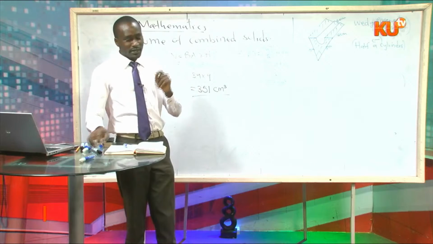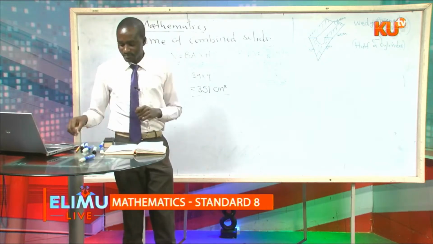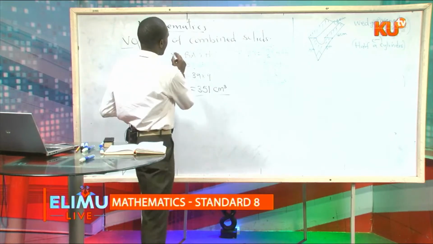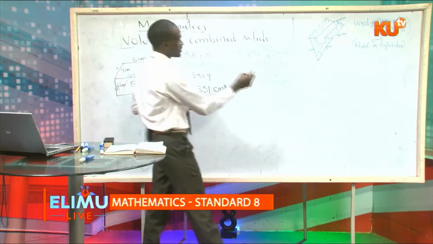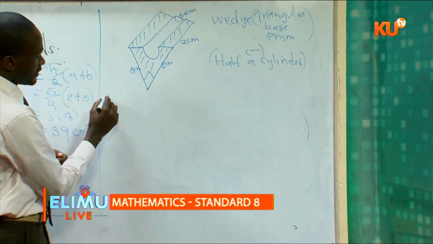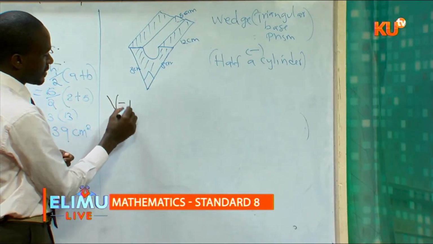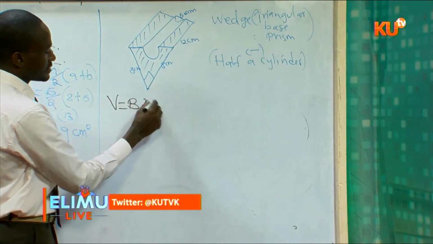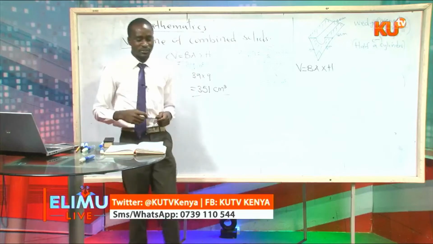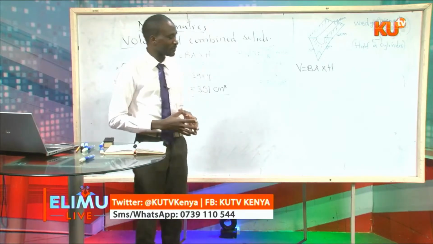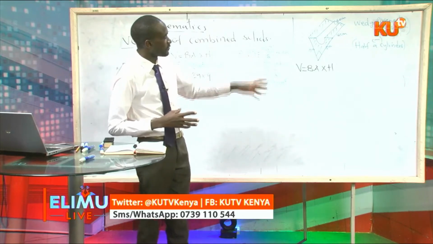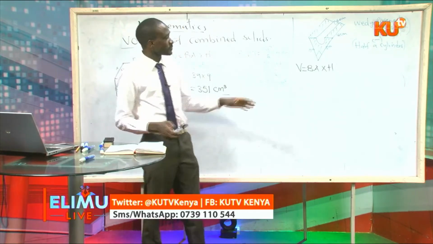Now, when you find it hard to work out a figure, pick the general formula, which we say, now we start with the wedge, where we say volume is base area times height. From there, you have started breaking it into simple workable figures.